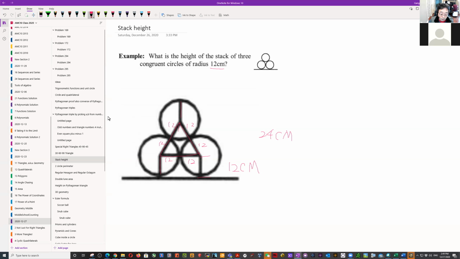If we draw this, it's 1, 2, square root of 3, and 12 is the scaling factor. So the hidden triangle height here is 12 square root of 3. Then add the radii, one radius here and one radius here, totaling 24. That's going to be the stack height of those three pipes.